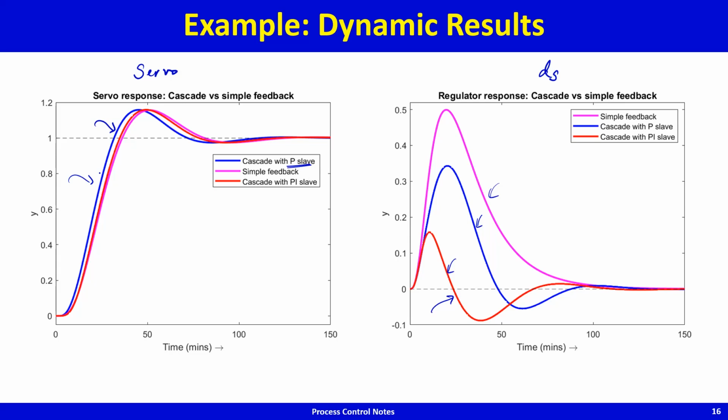So that's not been shown here. But the point is, local disturbance rejection in the slave loop gives tighter primary variable control. Okay, so that's that.